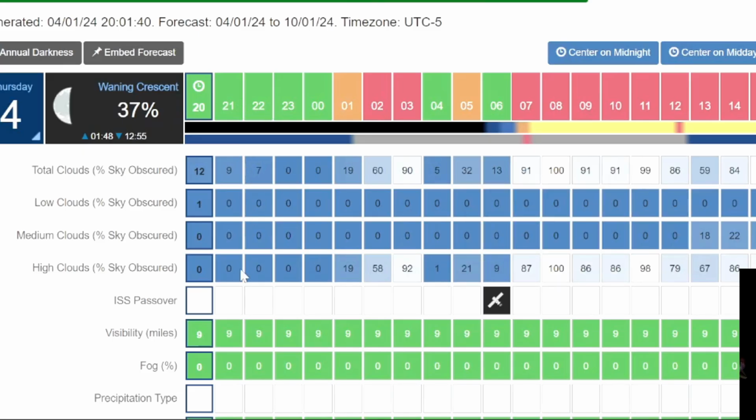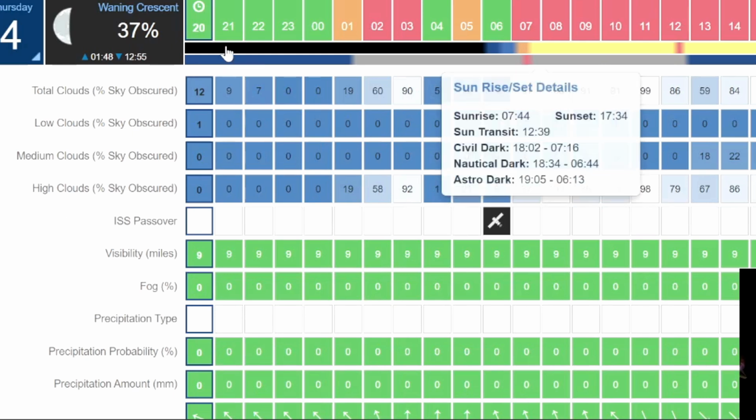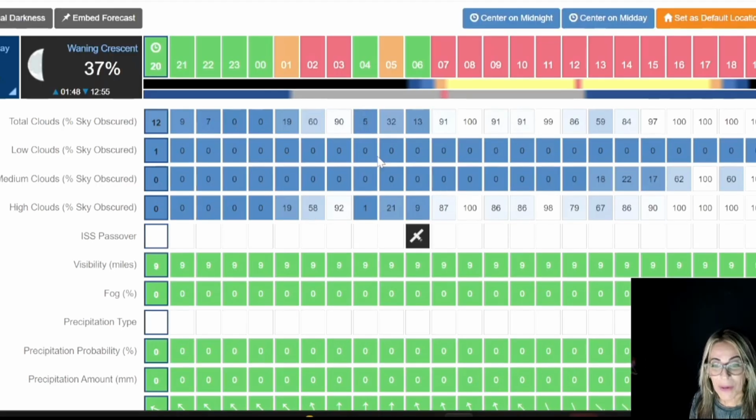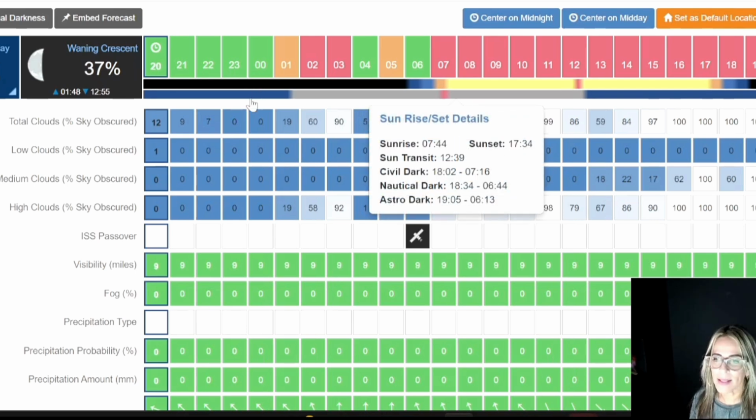This is what matters right here, the very first section. Total clouds, low clouds, medium clouds, and high clouds. And when it's all dark blue and with zeros, it's ideal. It's like perfect, okay? But in this case, I have a mix of them. And I'm going to look into the hour 20 to midnight, let's say.